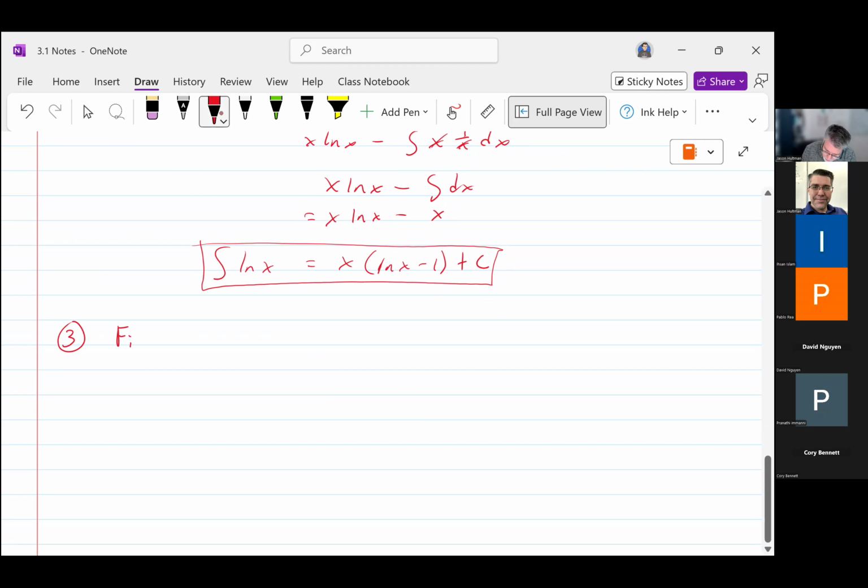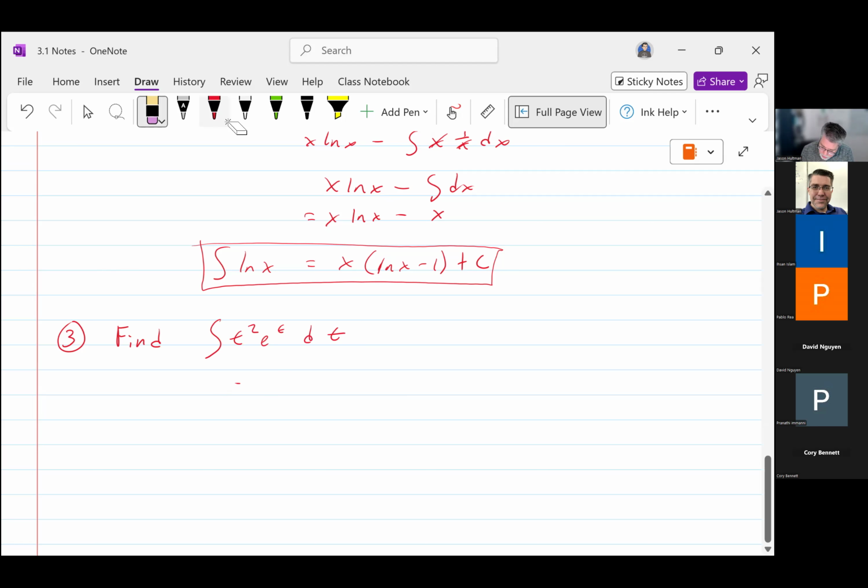Okay, we can do successive integration by parts to cut something that is more complicated down into something less and less complicated. So we can do this integration by parts in iterations if we need to. So let's find the integral of t squared e to the t dt. u equals t squared, right?